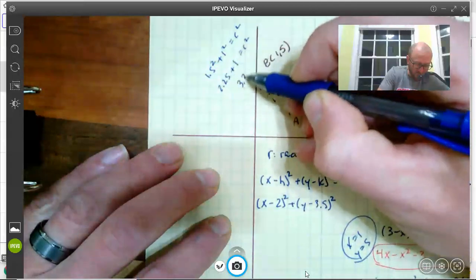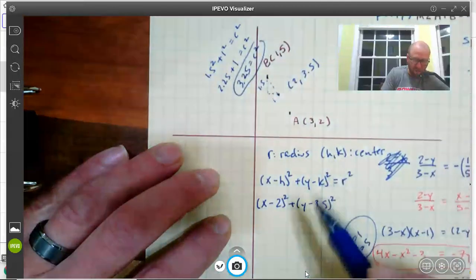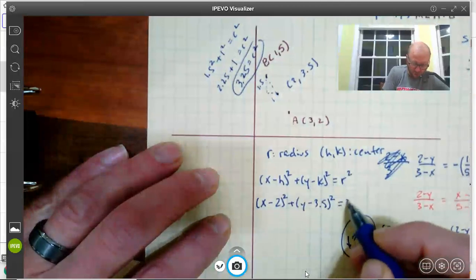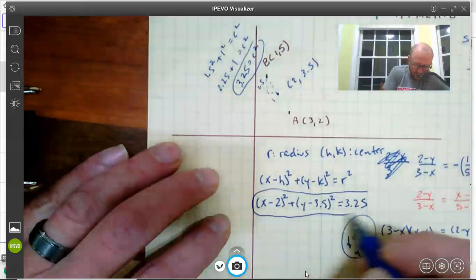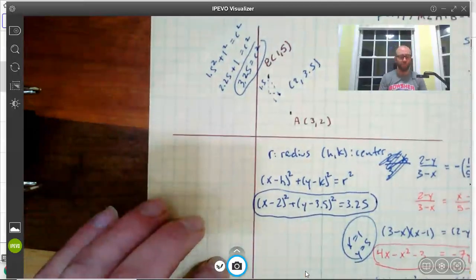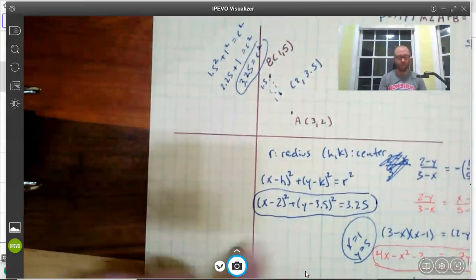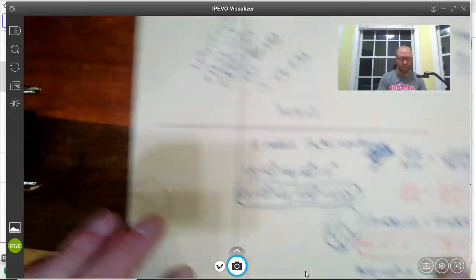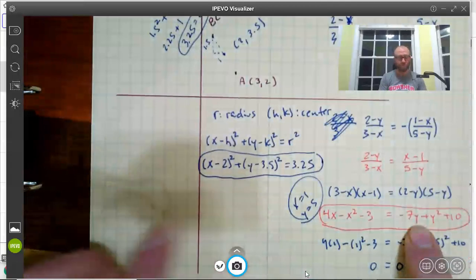So it's 3.25 equals c squared. And actually at this point we can stop because we don't want c, we want the radius squared. So we can just put in 3.25. So now we've described every point on that circle, every point that P could possibly be. We'll have x and y coordinates that make that equation true. Which, by the way, is the same equation as down here, just in a simplified form.